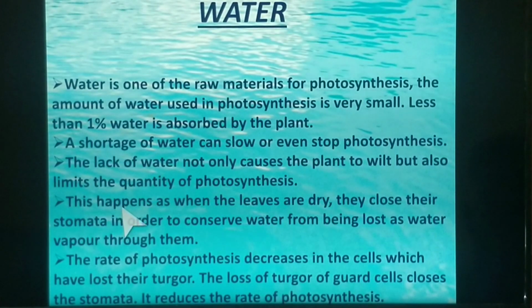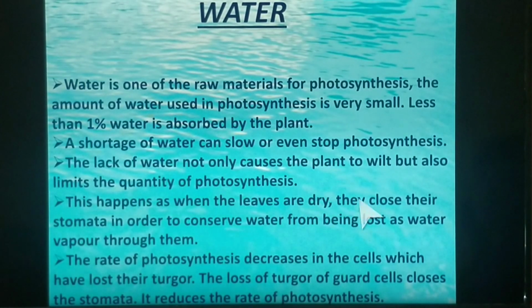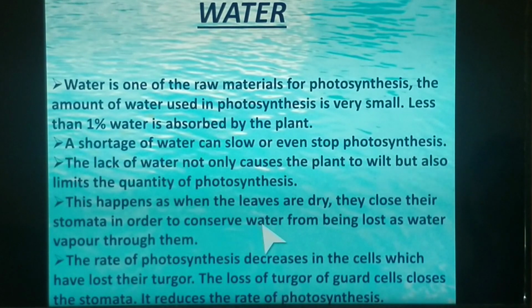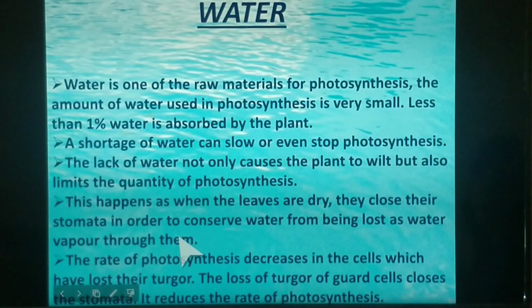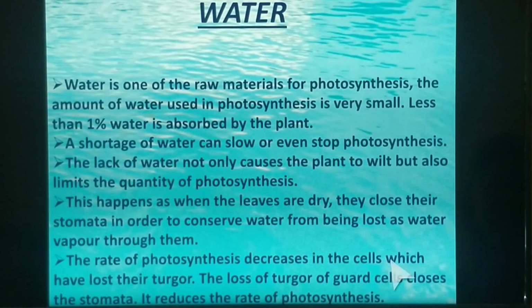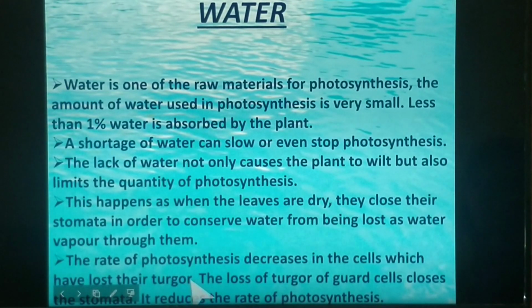This happens because when the leaves are dry, they close their stomata in order to conserve water from being lost as water vapor through them. The rate of photosynthesis decreases in the cells which have lost their turgor.